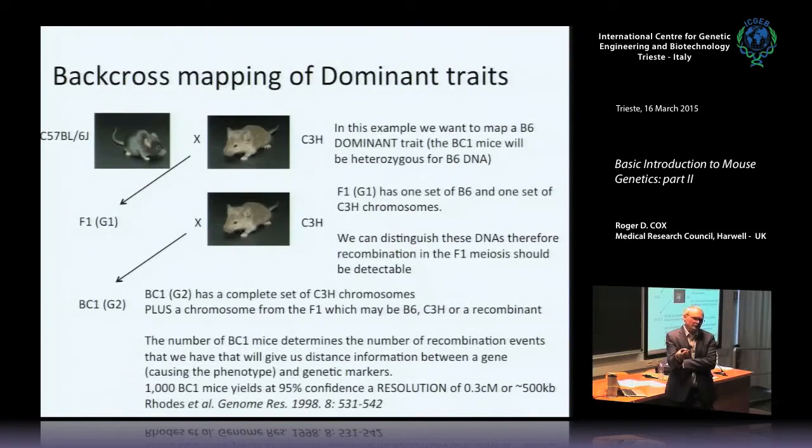But if you just want to know a region of a chromosome, you don't need as many as that. That's a lot. So if you have a trait and you don't know what the gene is, the resolution of your genetic map depends on the number of recombination events that you've managed to collect.